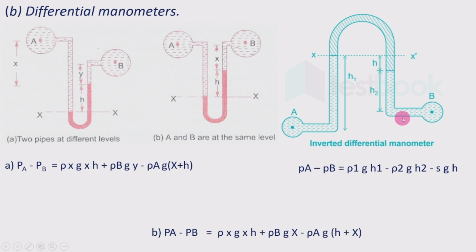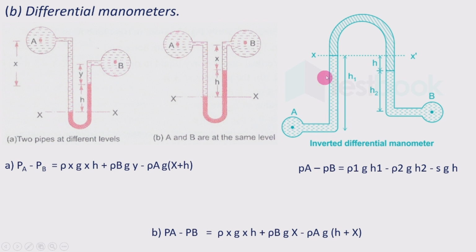Similarly, the other type of manometer is the inverted differential manometer. For the inverted differential manometer, PA minus PB can be written as rho 1 g h1 minus rho 2 g h2 minus SG into AC, where S is the density of this particular fluid.